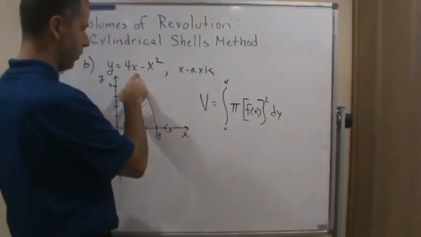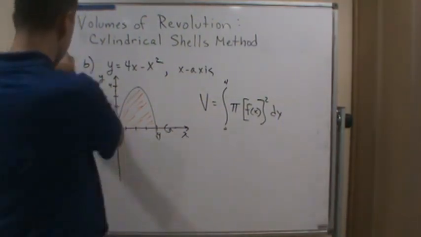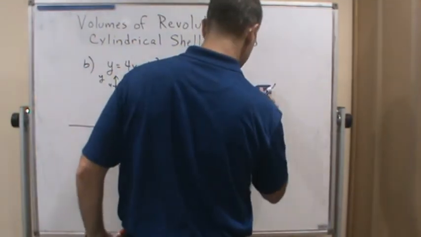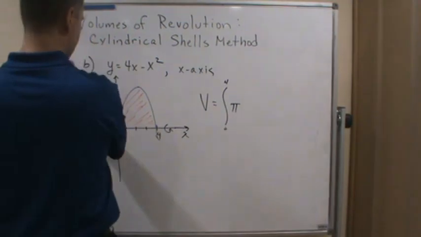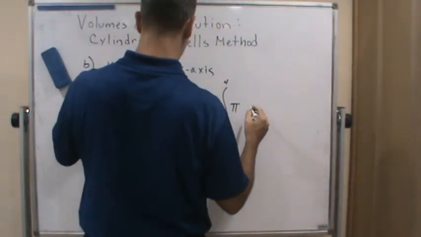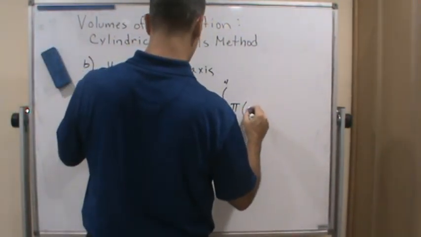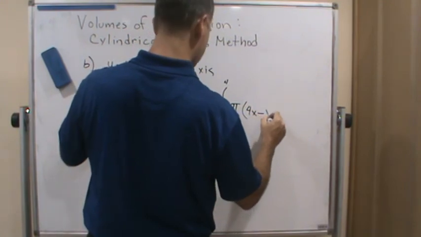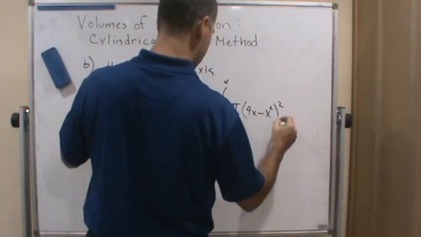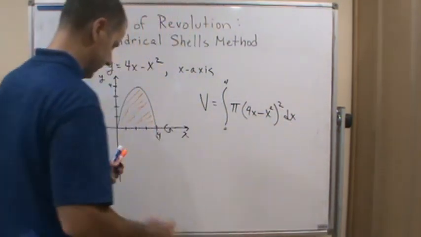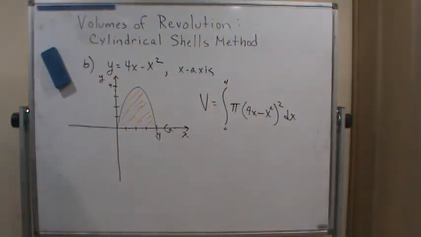So we're going to do this squared, quantity squared dx, and that's the disk method. And that's the only one that I would do. I mean, that's the easiest one.